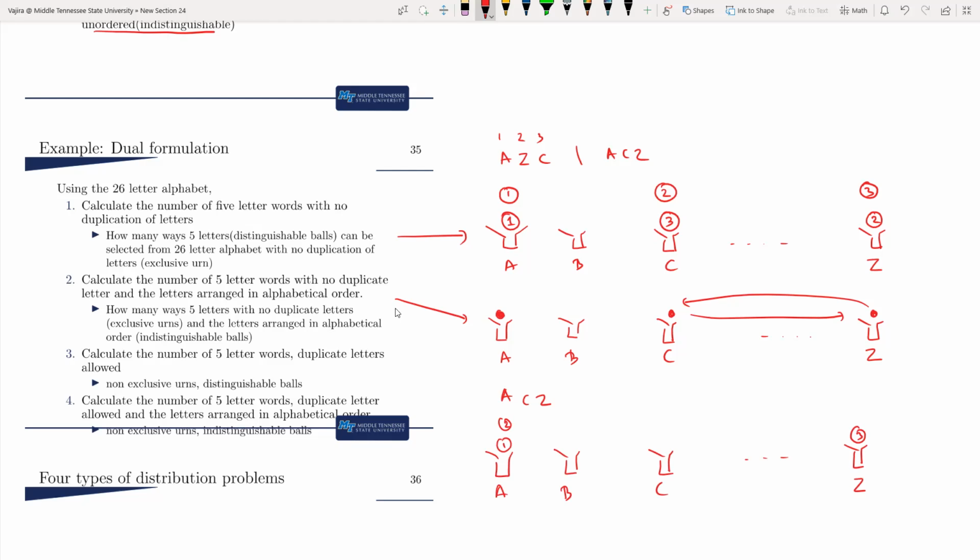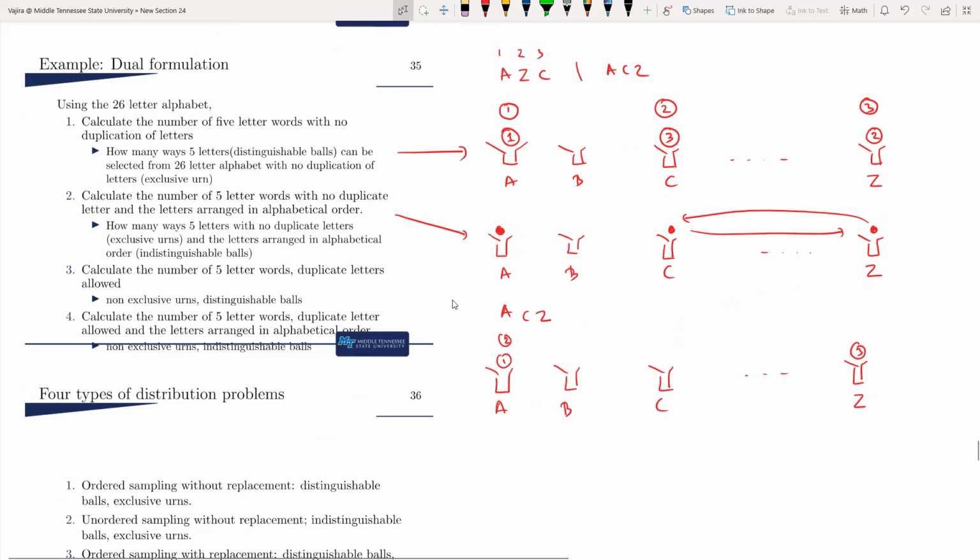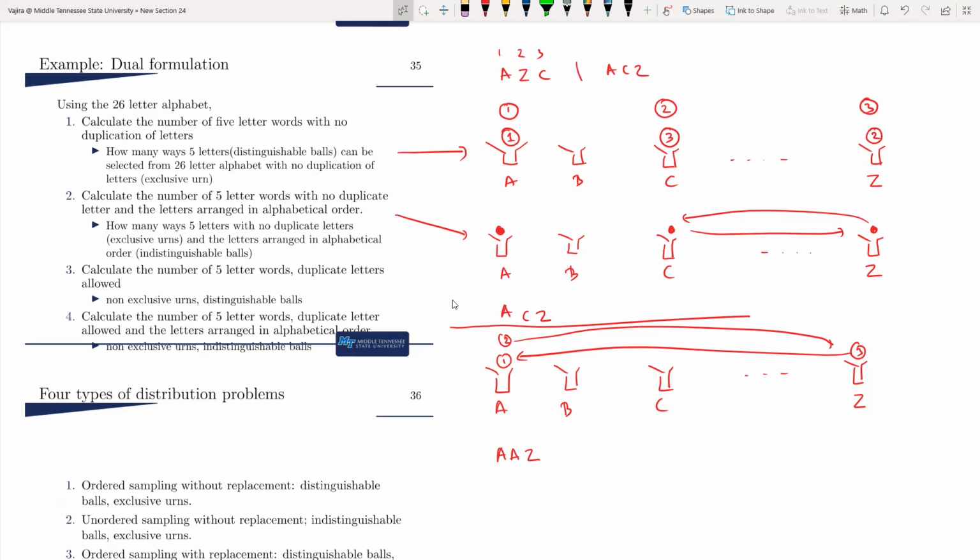So what's the word? Then the word is going to be A, Z. So let's say I put 2 into this and 3 into this. Then I would get a different one. It would be A, Z, A.